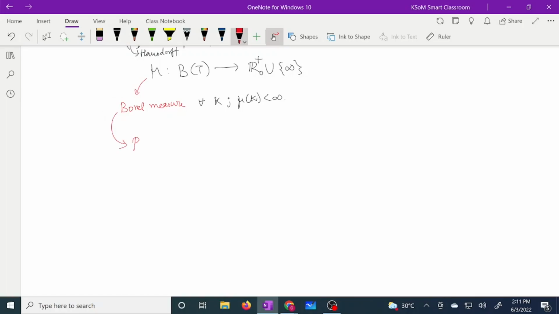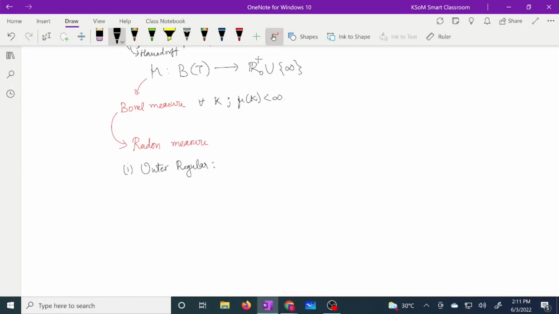Now furthermore, I will call the measure mu a Radon measure if the following happens. The first one is called outer regularity. What does it say?